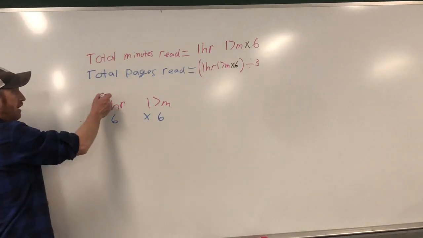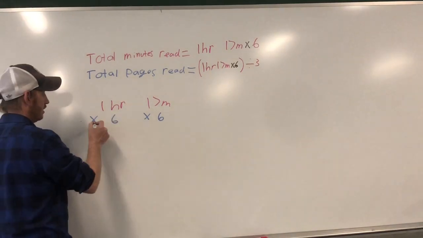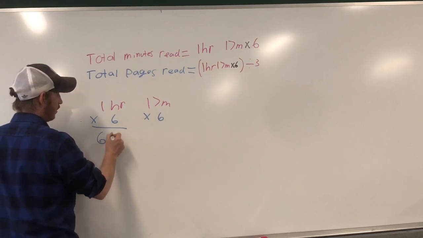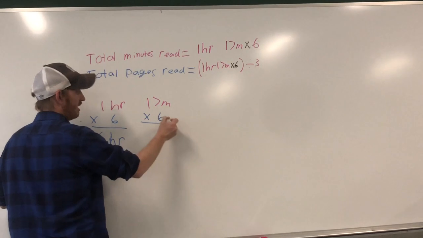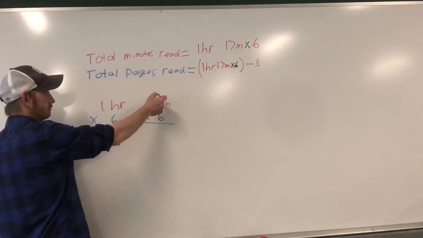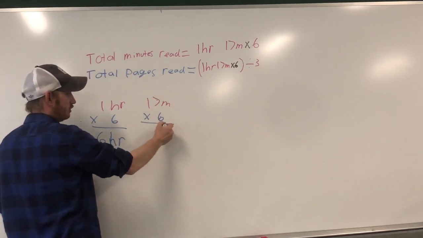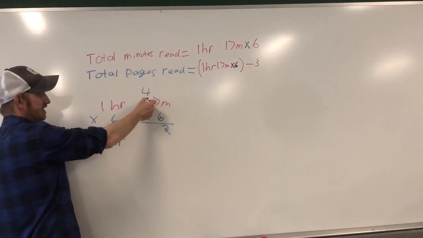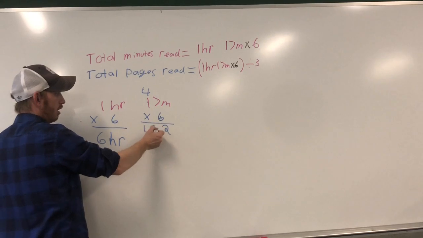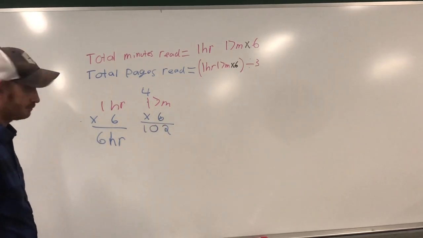So 1 times 6 gives us 6 hours. 6 times 7 is 42. 6 times 1 is 6, plus 4 is 10. 102.